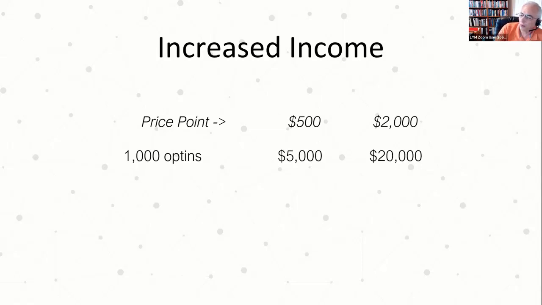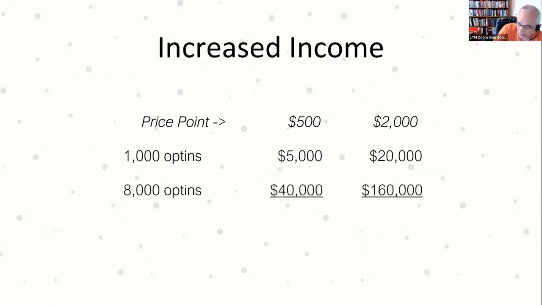So if you got 1,000 opt-ins and converted 1% of those on a $500 deal, you made $5,000. On a $2,000 deal, you made $20,000. Now let's go to the other end. What if you got 8,000 opt-ins?